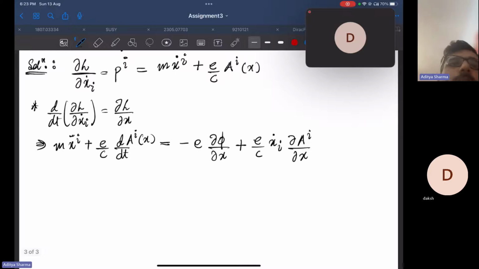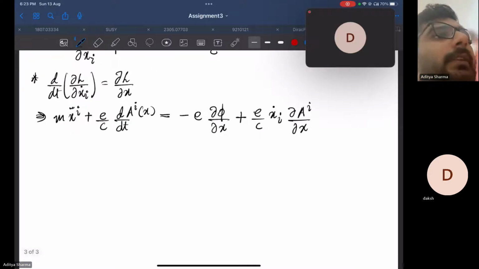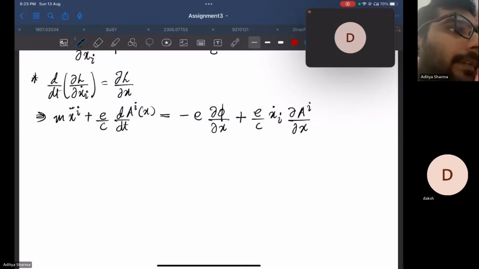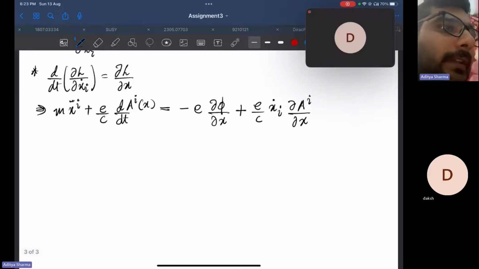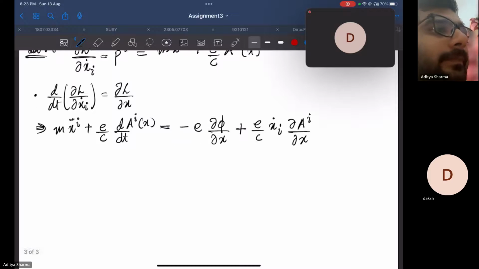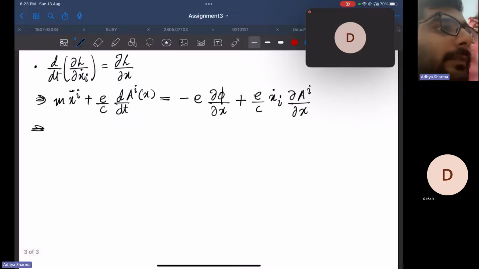Okay, now what to do? Any ideas about this thing? I want to write this in terms of E and B. That's my goal. So I have to use this thing here.